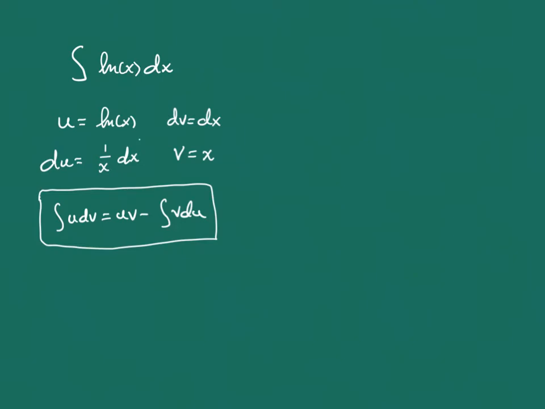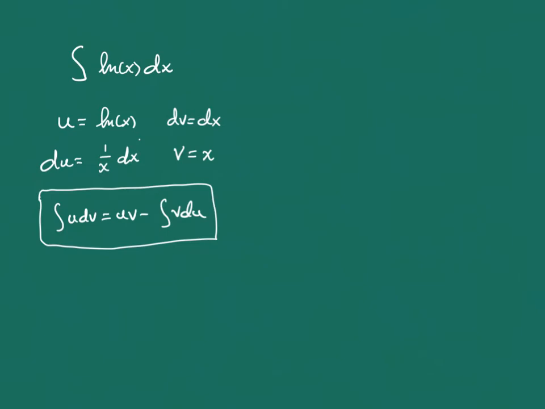Then by choosing u to be natural log, dv then just becomes everything else. So our du was, again, our 1 over x dx, and v being the antiderivative of dv is just plain old x. So then our integration by parts formula, we have the integral of u dv is equal to u times v minus the integral of v du.